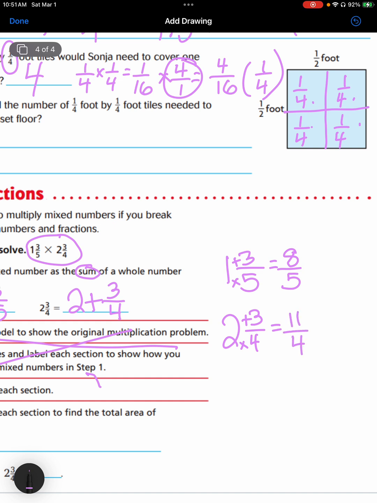So now I can just multiply these, which is great because now I just have to multiply across. So now I have 8/5 times 11 over 4. 8 times 11 is 88, and 5 times 4 is 20. So we run into that issue of now it's an improper fraction.